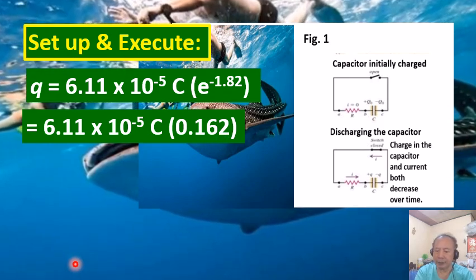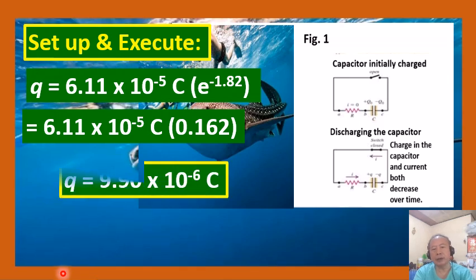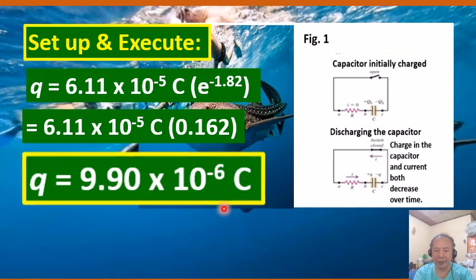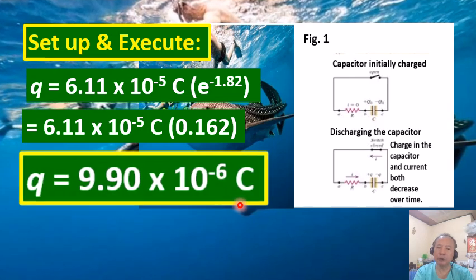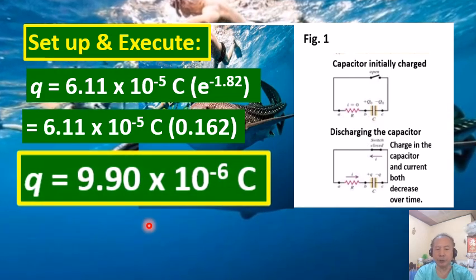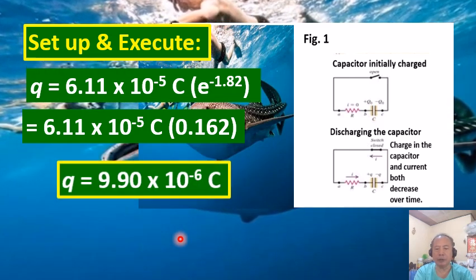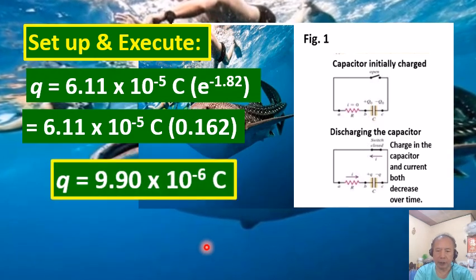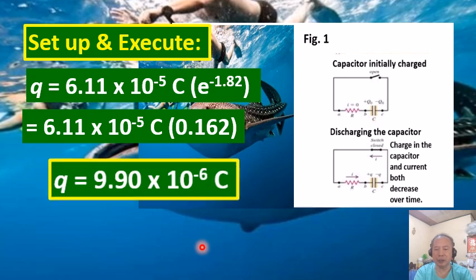We finally get the value of small q equal to 9.90 times 10 to the negative 6 coulomb, rounded to 3 significant figures. This is the amount of charge left in the capacitor after discharging it for a period of 70.0 seconds.